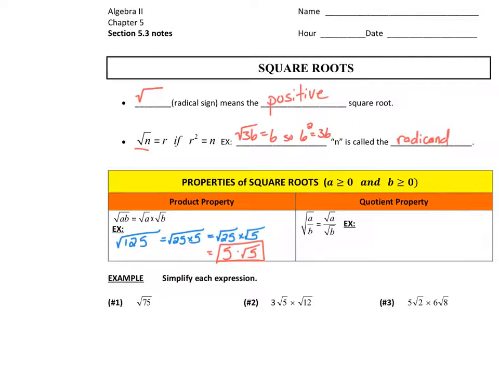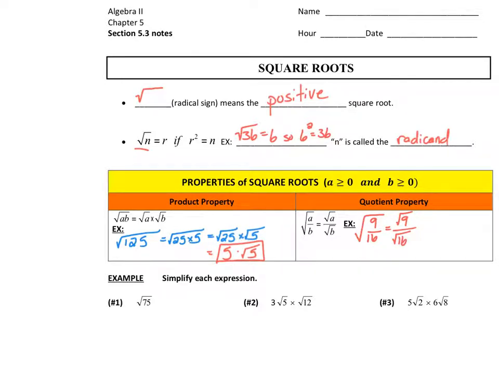Okay, the quotient rule says if you have a fraction inside of a square root, you can break it apart into two square roots. So for example, if we have the square root of 9 divided by 16, what this will equal is the square root of 9 over the square root of 16.